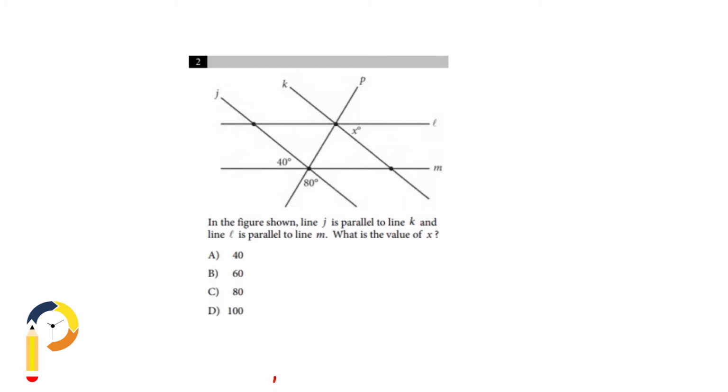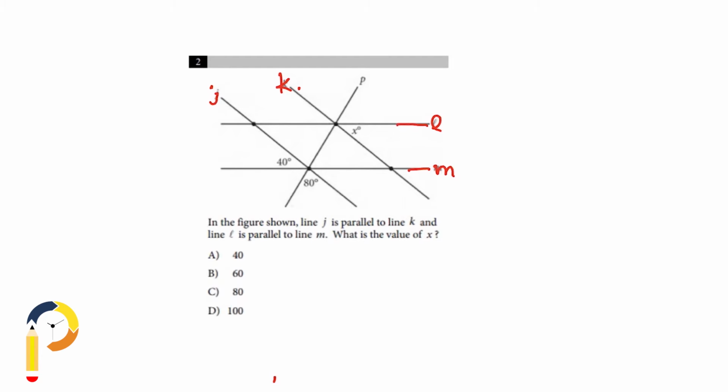Actually there are 2 parallel lines, line L and line M. Again there are 2 parallel lines, line K and line J. You need to find the value of x.